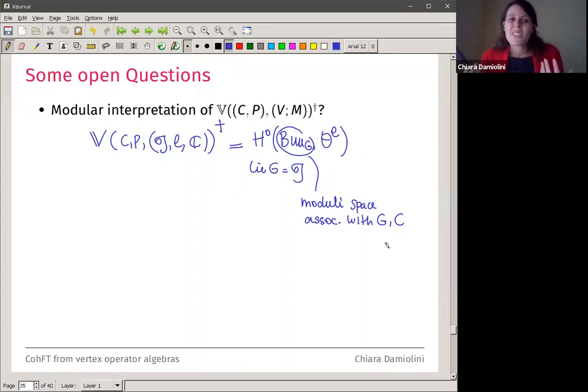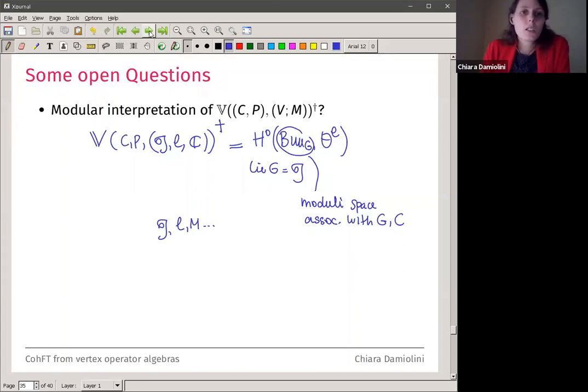And the question is, is it possible to do a similar thing when the vertex algebra is more complicated? Well, it is possible when the vertex algebra is again given by g and l, and I add extra modules. This will lead to parabolic bundles. And it has been shown that it's also possible when it's a Heisenberg. But beyond this, I don't know anything of that. So we'd be interested to know this.